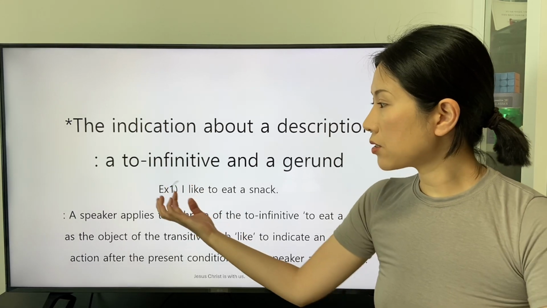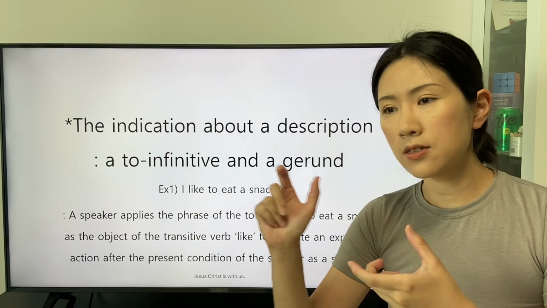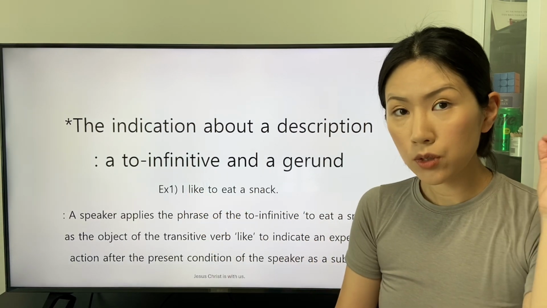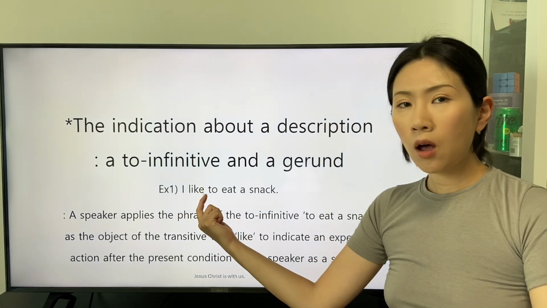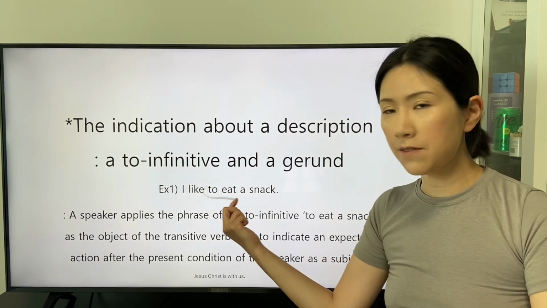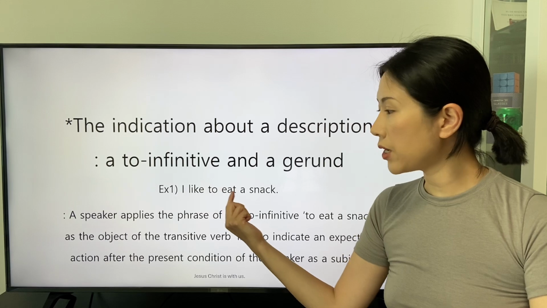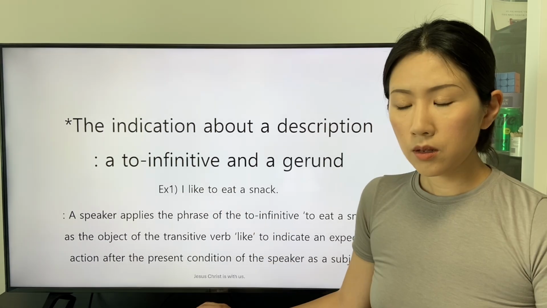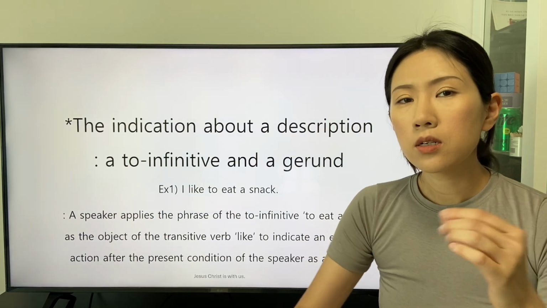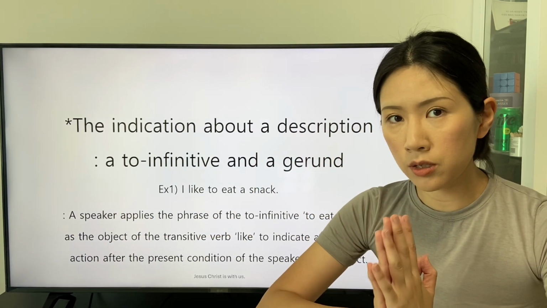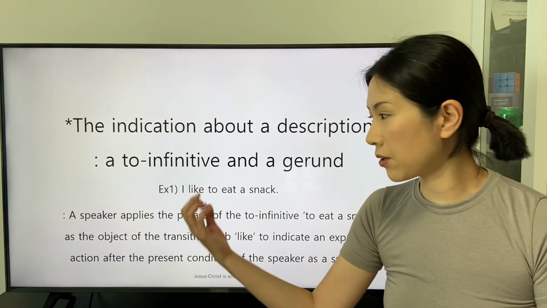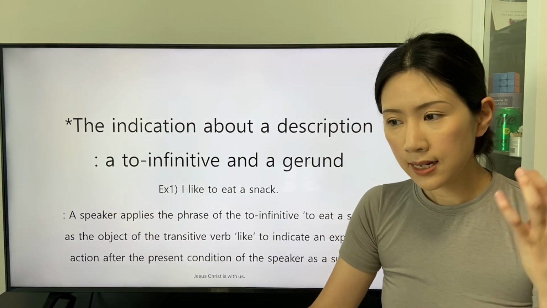The speaker as the subject conveys the definition of the transitive verb like to an expected action indicated by the phrase of the to-infinitive to eat a snack. We can understand that this clause describes the condition of the speaker at the present described by the transitive verb like.